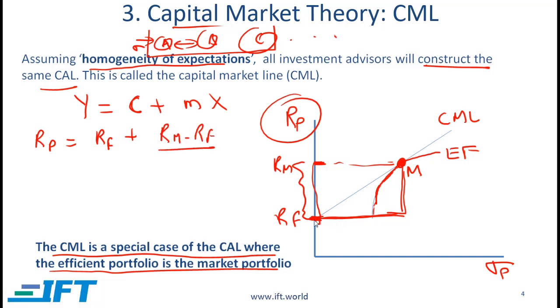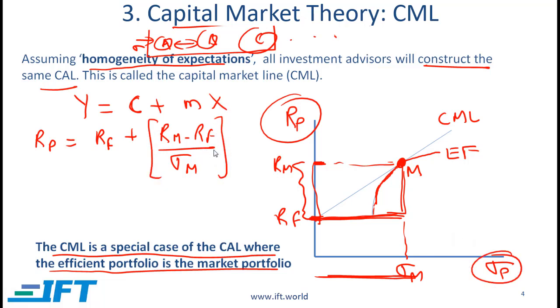divided by change in x. This point over here is the risk of the market. So this distance is simply the risk of the market. That then becomes our slope multiplied by the x variable, which is the risk. What we have done here is derived the equation for the capital market line.